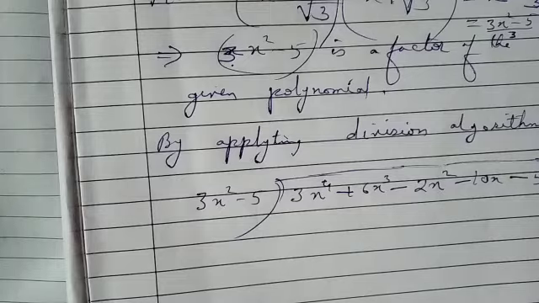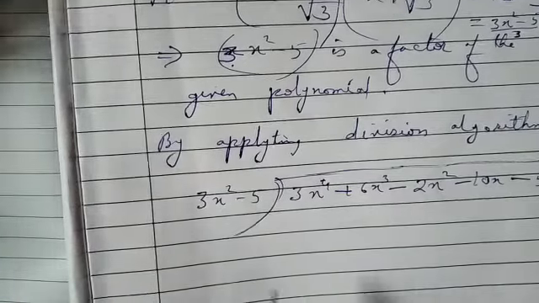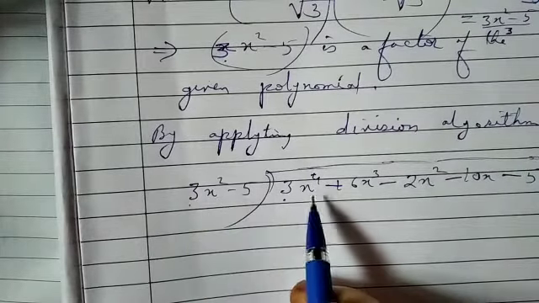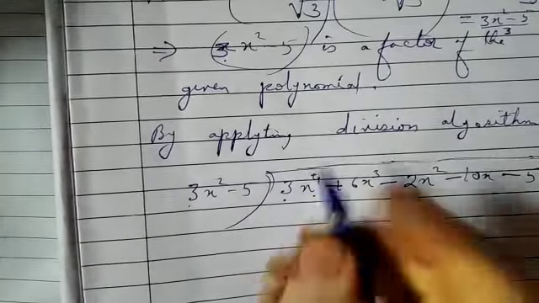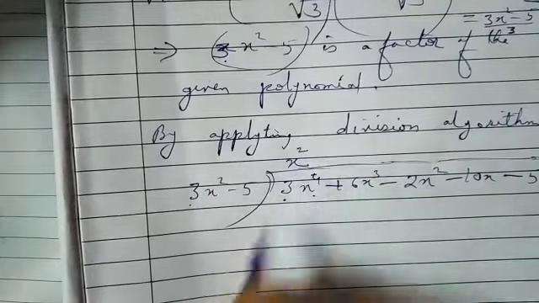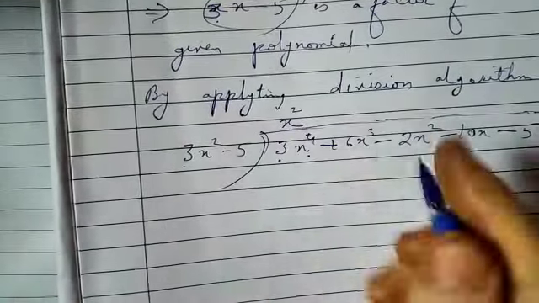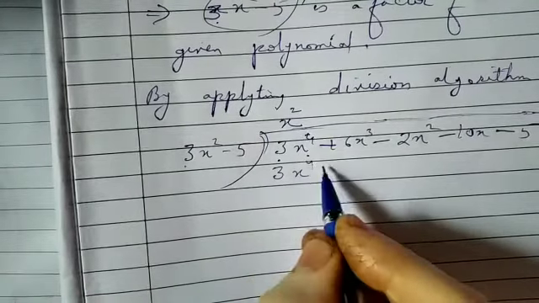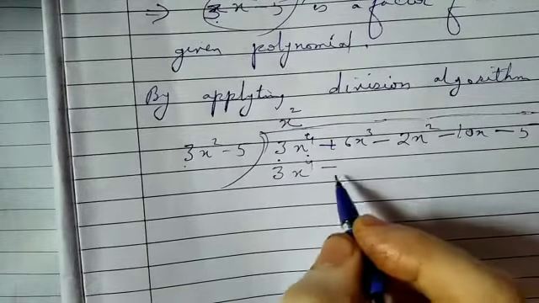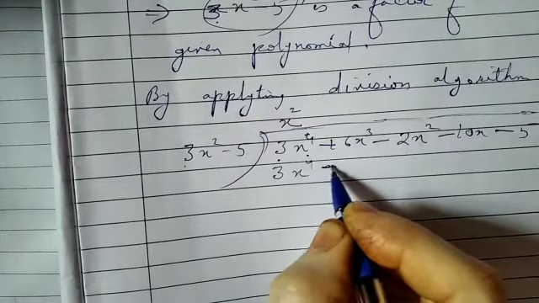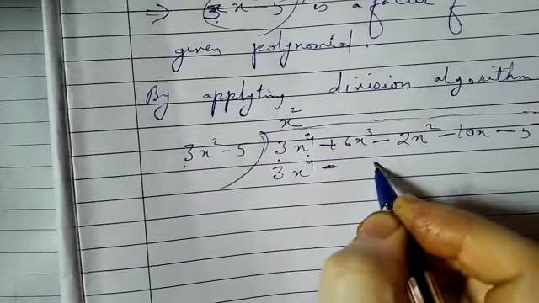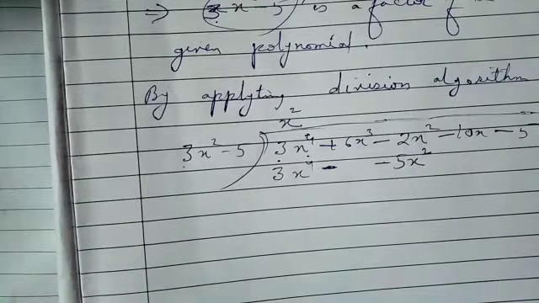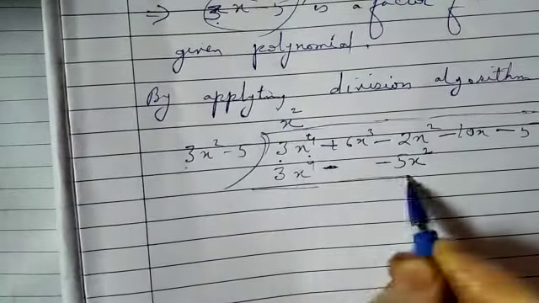So let us divide. What will be the first term? This is 3x to the power 4 and this is 3x square, so if we divide it we will get x square as the first term in the quotient. Then 3x to the power 4, and plus minus minus, 5x square. Let us subtract.